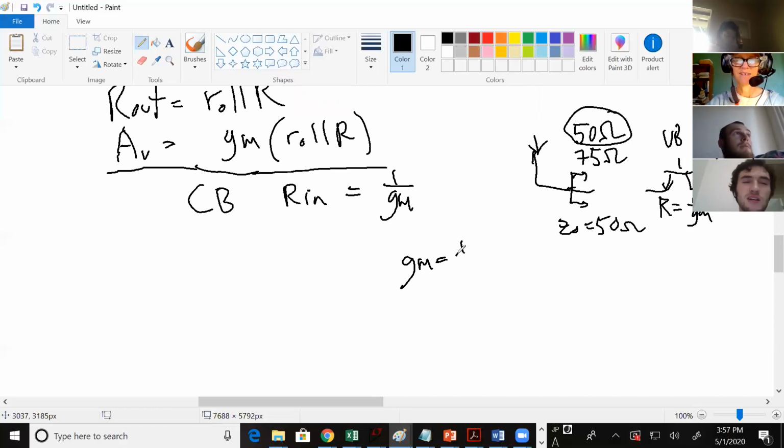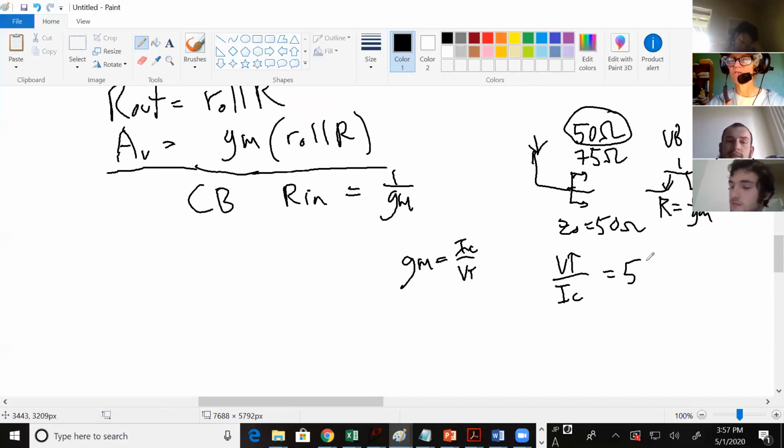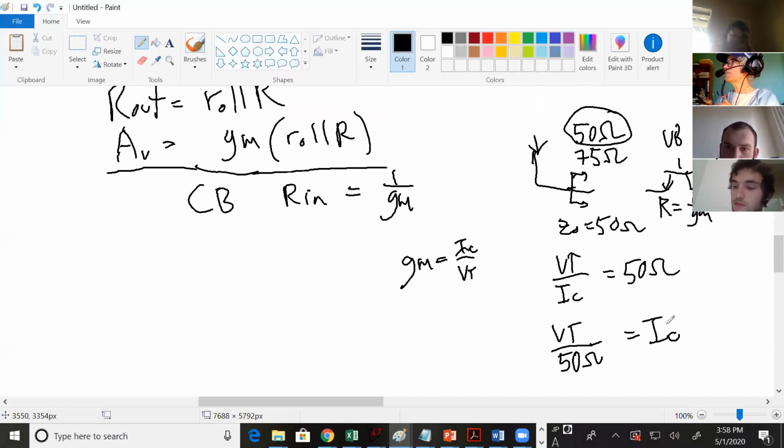IC over VT. Yes. So 1 over gm, you have VT over IC equals 50 ohms. Now you just have whatever your VT is divided by 50 ohms equals your IC. And so you can design so you get the maximum power transfer at whatever frequency gives you that 50 ohm impedance. And that's where this might be used.